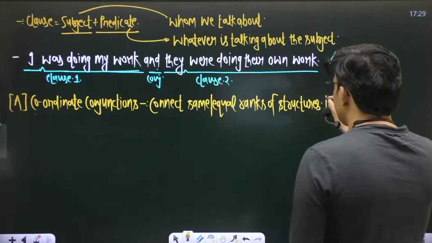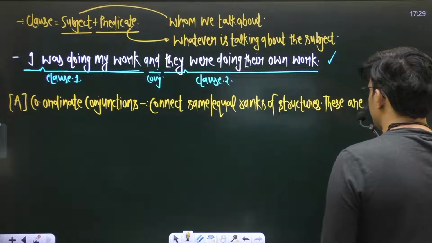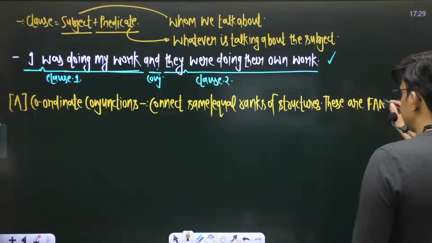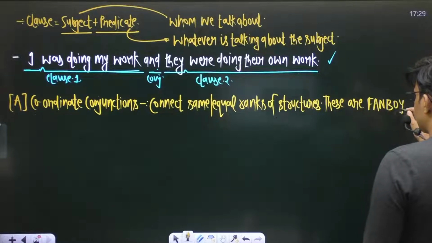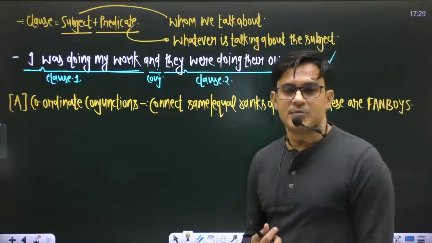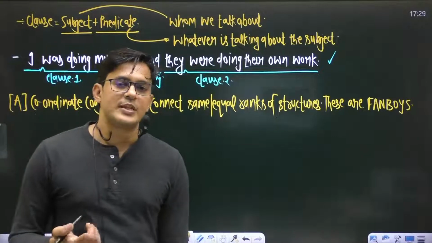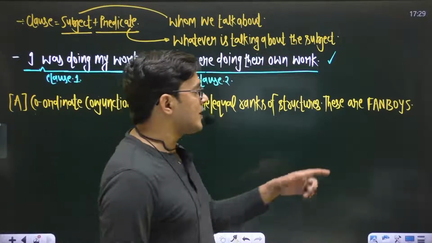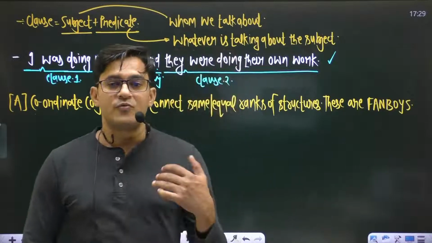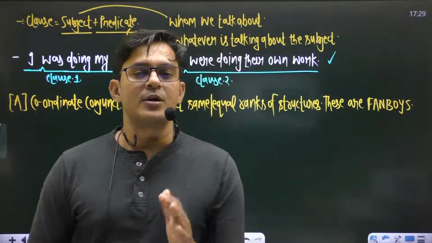What are coordinate conjunctions? Make sure these are FANBOYS, and FANBOYS is an acronym. You have 7 different letters in this acronym, and each letter denotes a particular conjunction.